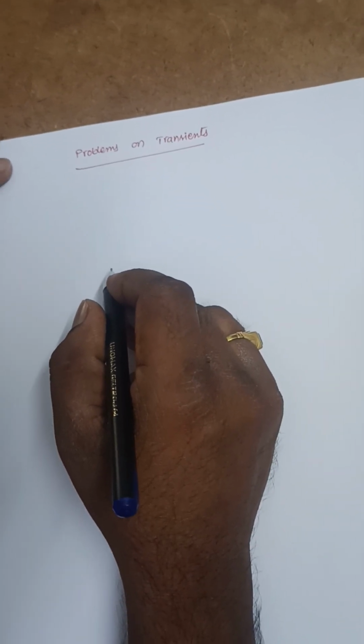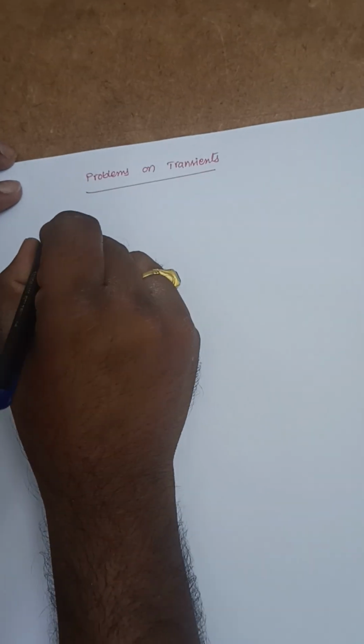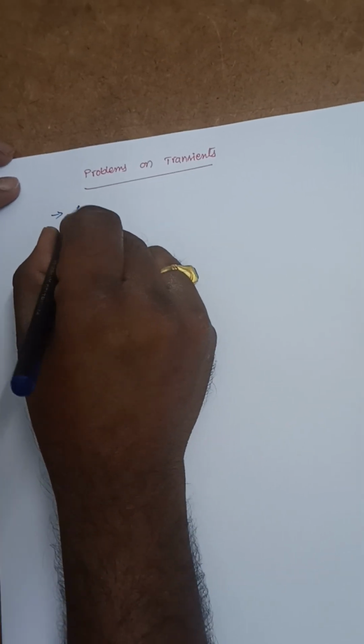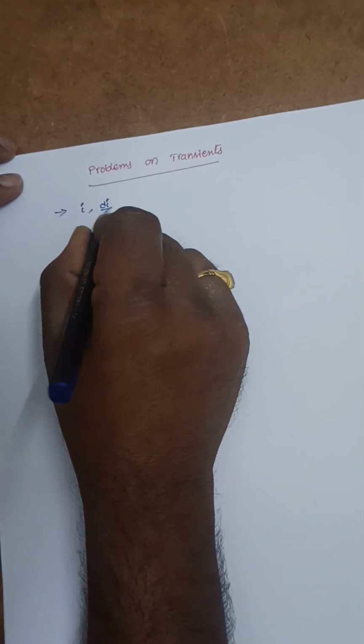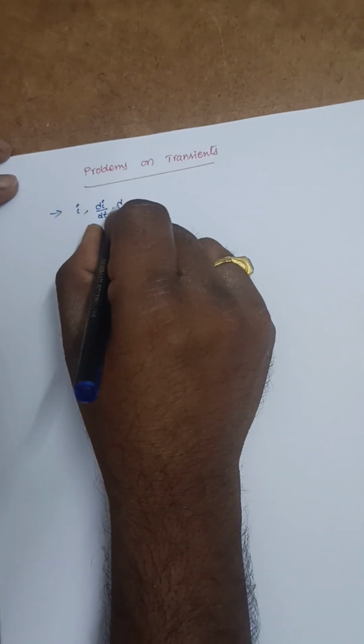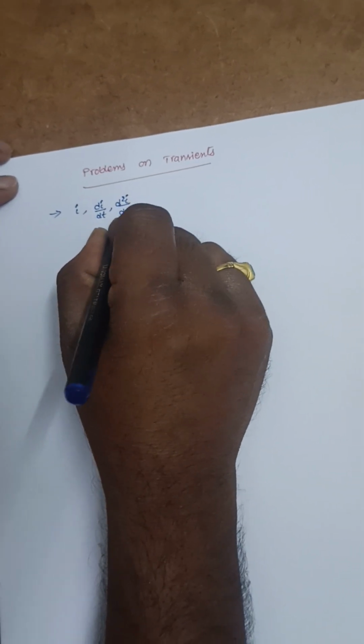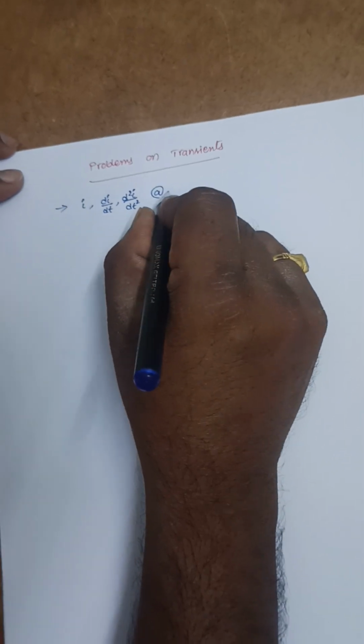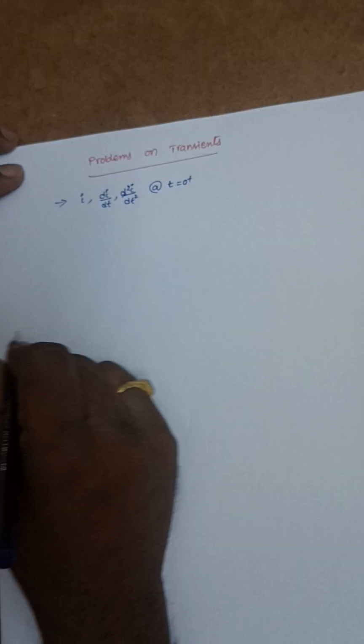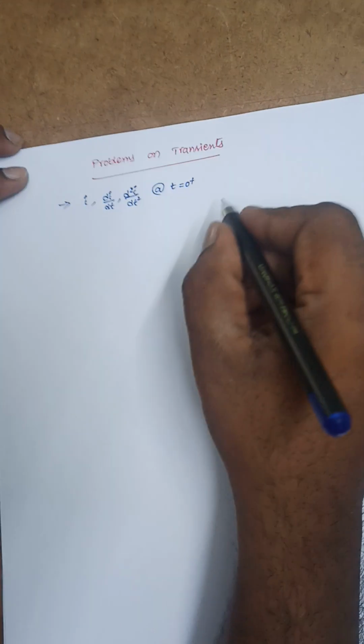One type is we need to find the values of I, di by dt and d square I by dt square at t is equal to 0 plus. This is one type of problem.